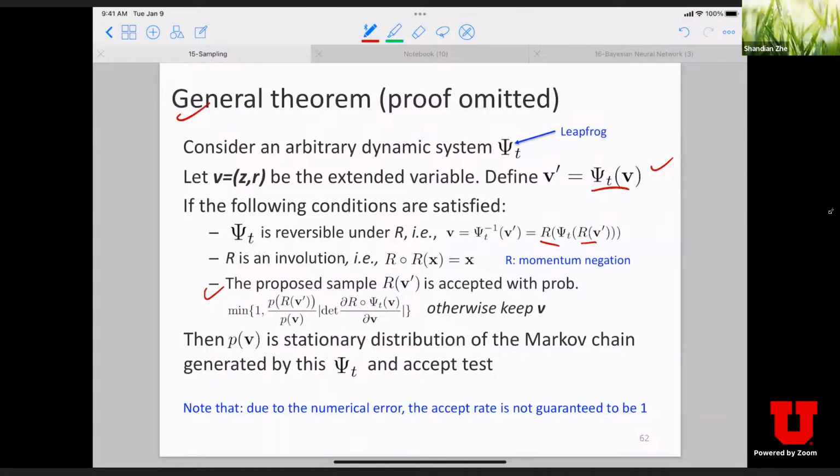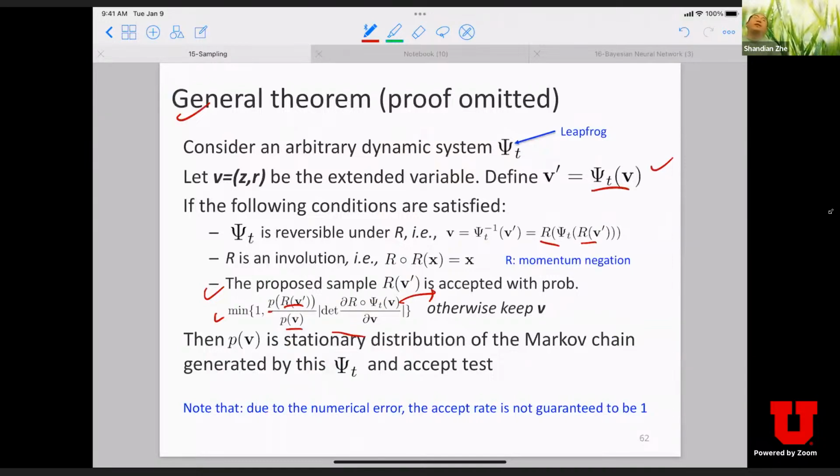To ensure that your proposal generation based upon leapfrog is valid, you have to conduct this test as well. That means you have to compute the ratio of your target distribution evaluated at your proposal and evaluated at your original state, multiplied by the absolute value of the determinant of the Jacobian, right? So first, because of the volume preservation property of leapfrog, this one is still one.